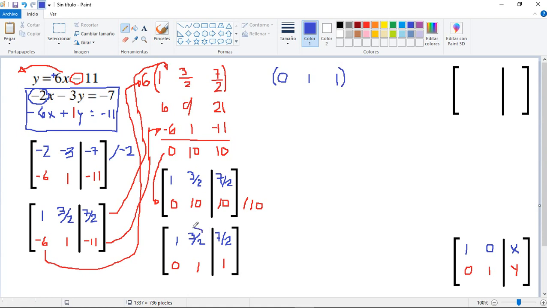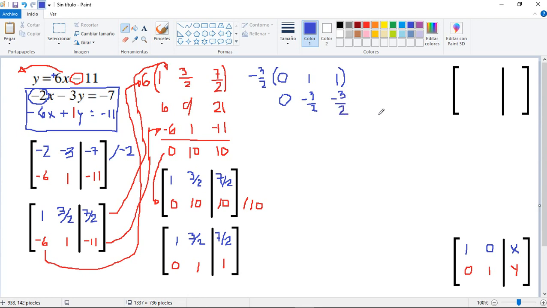So we want to convert 3 halves, so we need to multiply times negative 3 halves. Okay? And what is the result? Negative 3 halves times 0 equals 0. Negative 3 halves times 1 equals negative 3 halves. And negative 3 halves times 1 equals negative 3 halves.